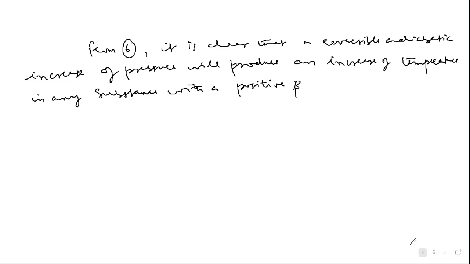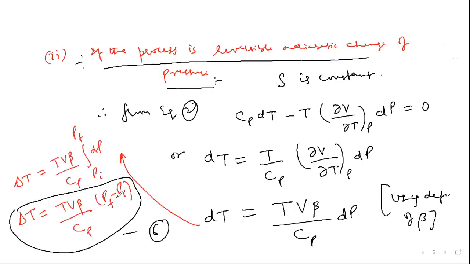In that case, if beta is positive and we increase pressure, this is positive, so delta T will be positive.